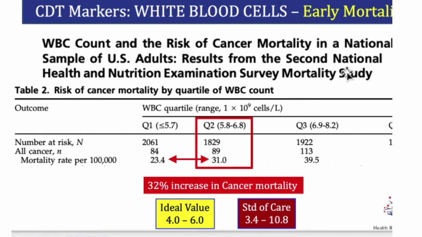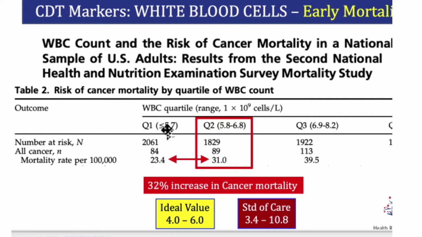Very big, very popular, very well done study. So if you look here, mortality rate per 100,000 from any type of cancer, from leukemia to breast cancer, if you're at less than 5.7, and what they really mean is 4,000 or 4 to 5.7, not 2.